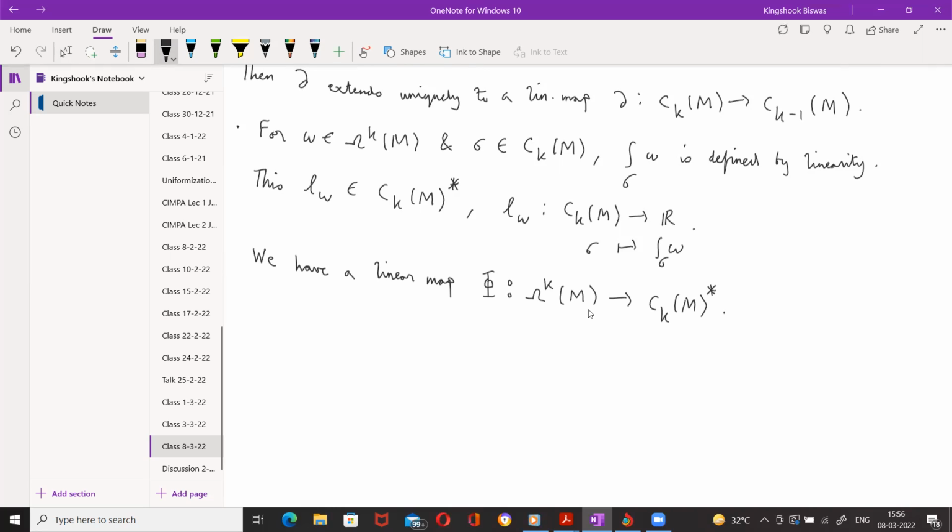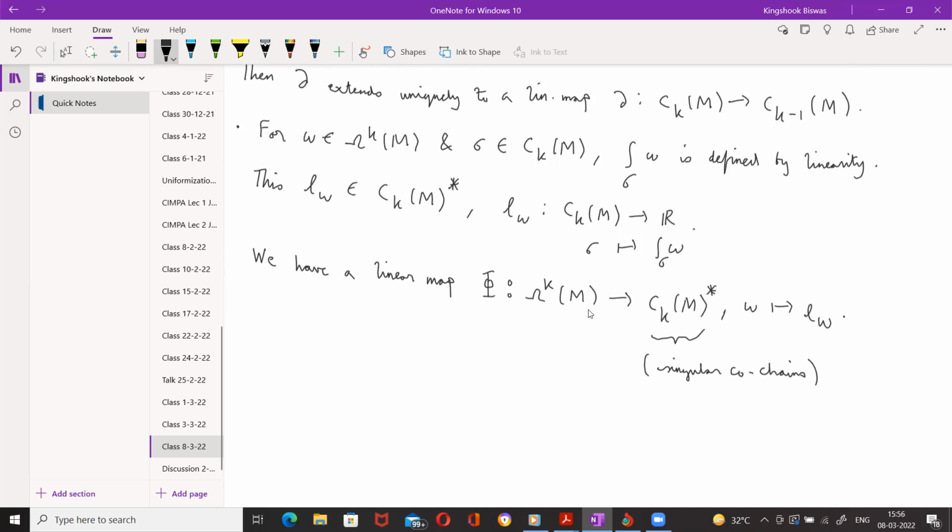So we have a map from k forms to cochains. This space is called the space of singular cochains. So the map is omega maps to L omega. Is this fine up to here?